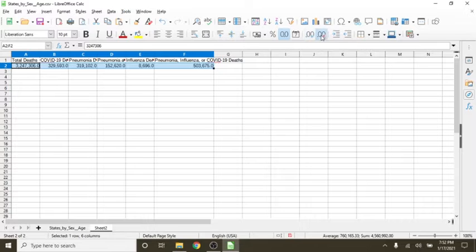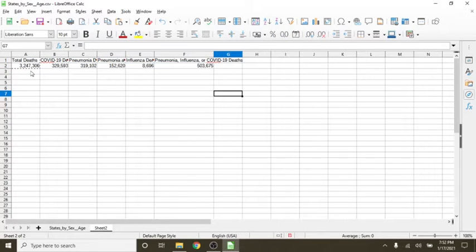Get rid of the zeros. Okay. So this is saying total deaths of 3.2 million. So I suppose that's a total of COVID-19, pneumonia, and influenza, right? Let's find out.